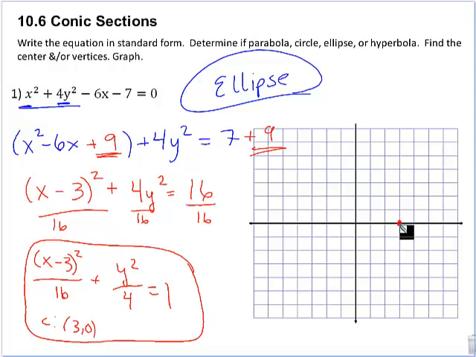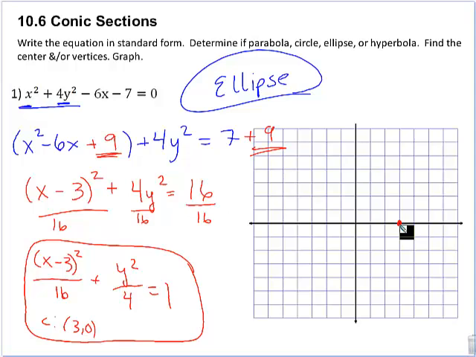Then how do we graph an ellipse? The box is the hyperbola. But hyperbolas and ellipses, we still start the same way by finding the 4 points. Yeah, so we look at the denominators, okay?